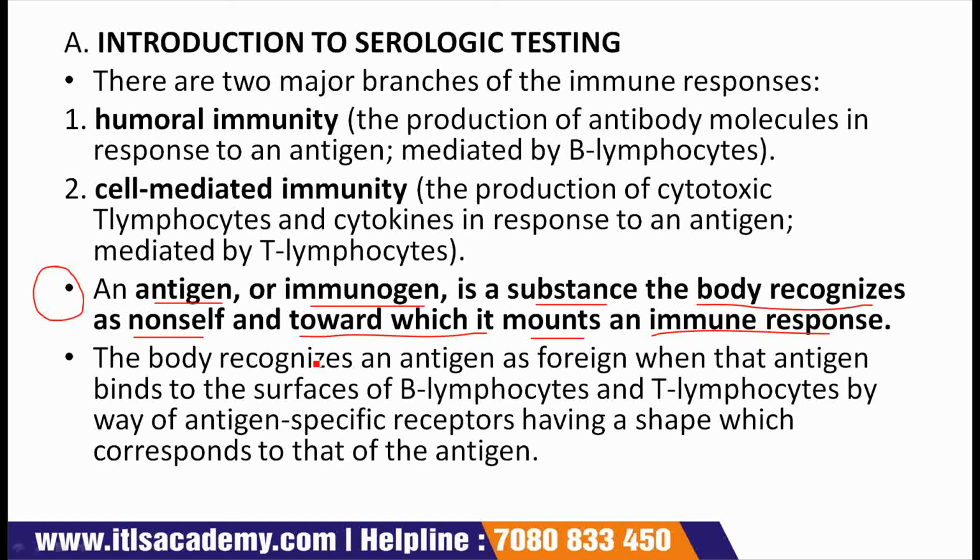The next point is, the body recognizes an antigen as foreign when the antigen binds to the surface of B lymphocytes and T lymphocytes by way of antigen-specific receptors having a shape which corresponds to that of the antigen.